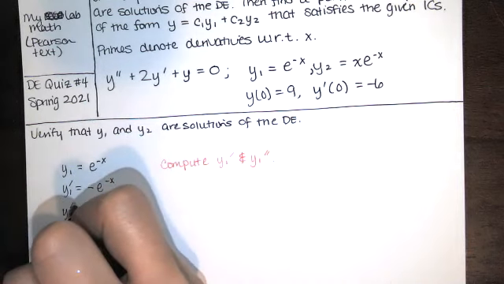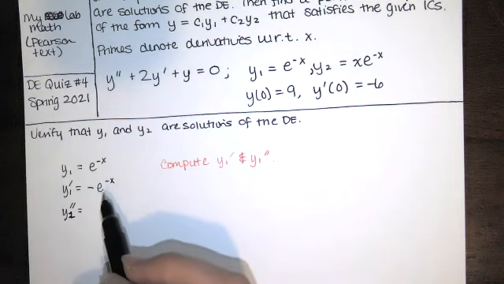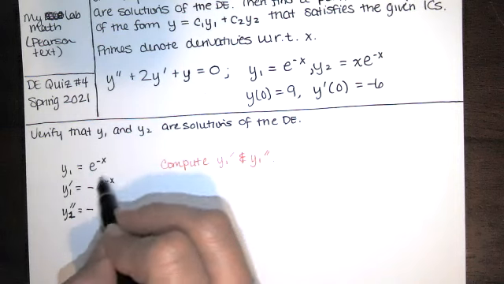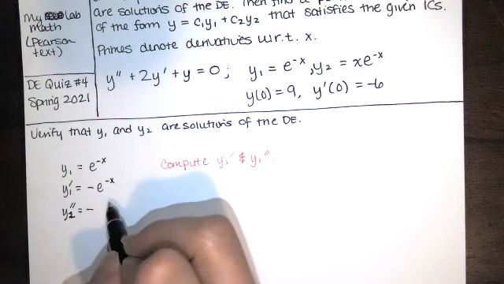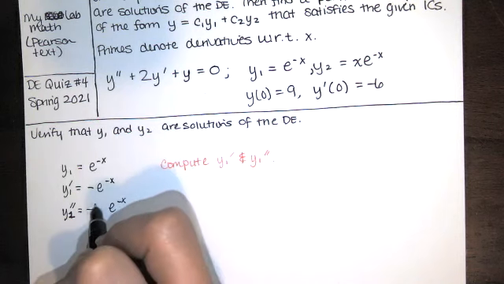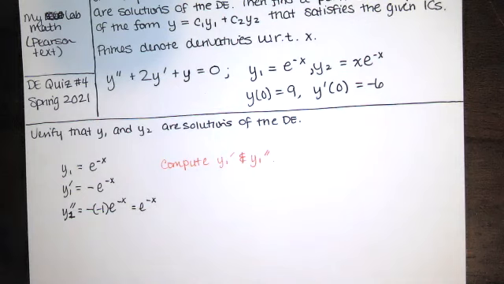Oops, that's a first derivative, and that's the second derivative of y1. The second derivative comes from bringing the negative down and then taking the derivative of e to the negative x again. Derivative of e to some power is e to that power times the derivative of the inside, which is another negative 1. Negative 1 times negative 1 is, of course, positive 1. So these are our derivatives.